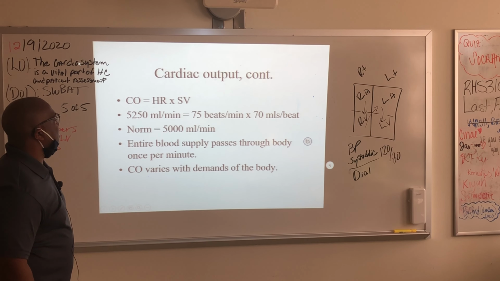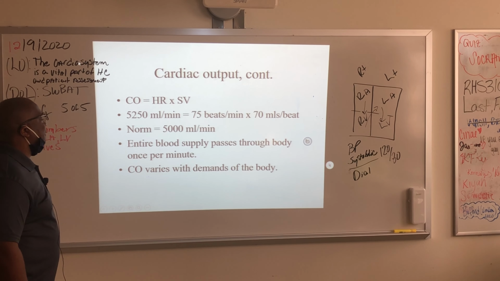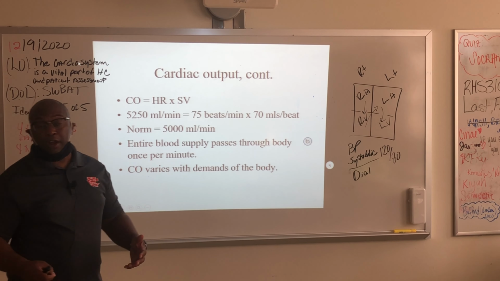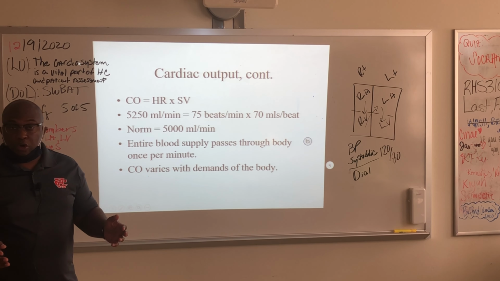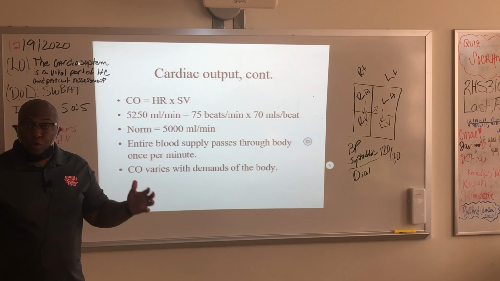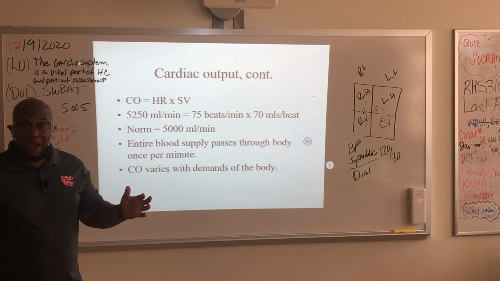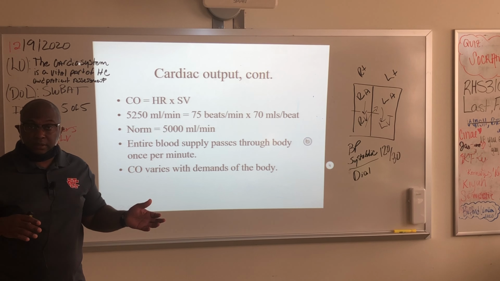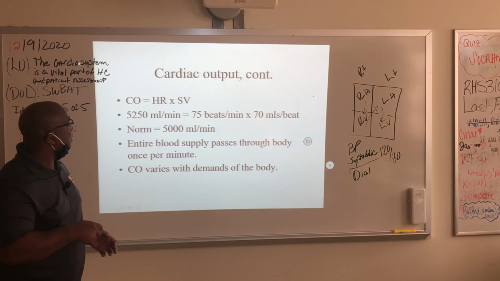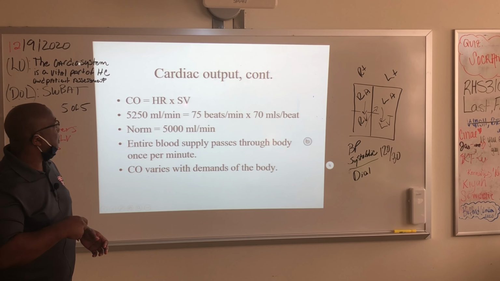The entire blood supply passes through the body once per minute. The cardiac output varies with demands of the body. So on the basketball court, you have more cardiac output. Why? Because you have more stroke volume.